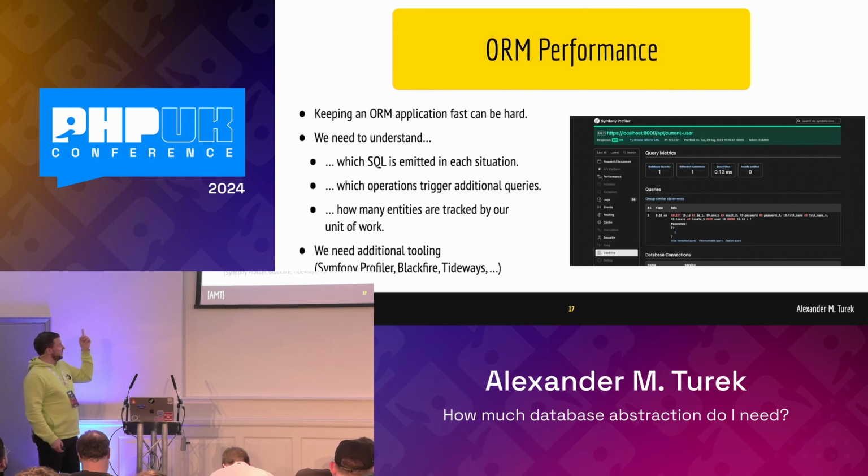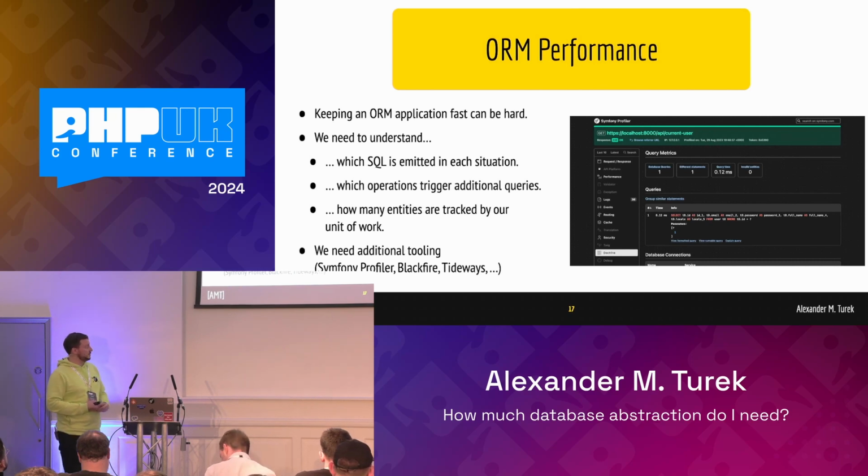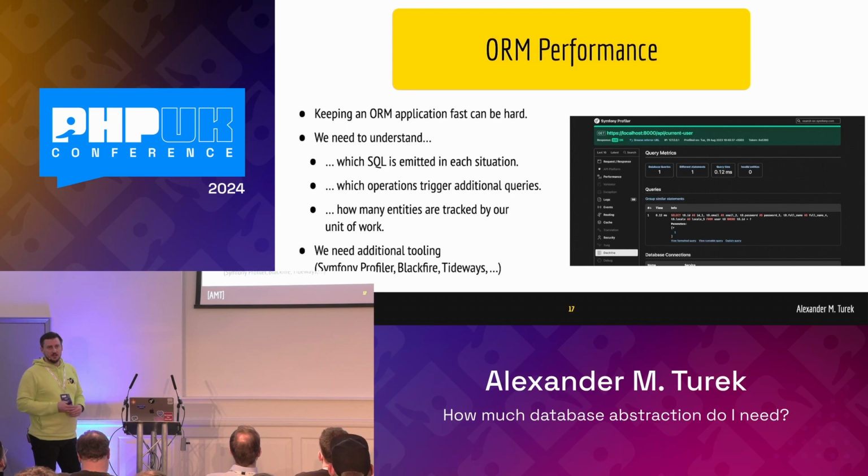So one easy additional tool is, for instance, the Symfony profiler, which just tells me which queries are being sent during a request, which is very helpful for discovering this n+1 problem that I've talked about earlier.